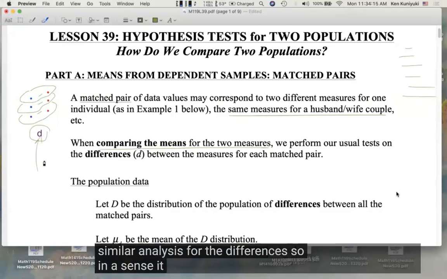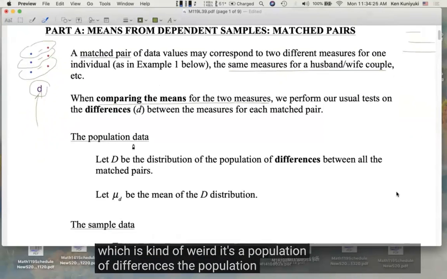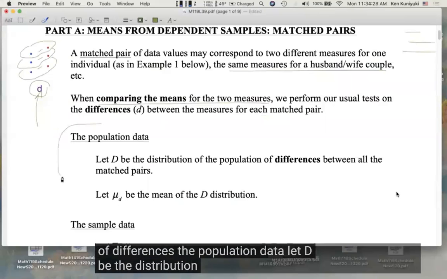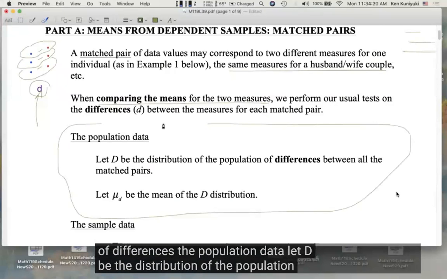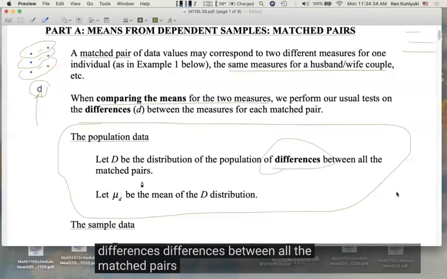So in a sense, it is kind of a one population, one sample problem, although it's a population of differences, which is kind of weird. It's a population of differences. The population data: let D be the distribution of the population of differences between all the matched pairs.